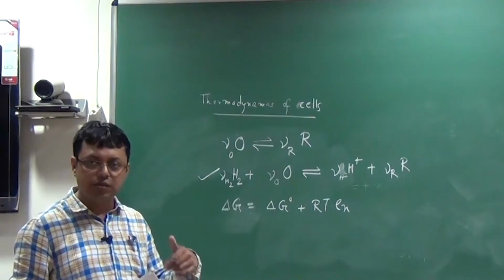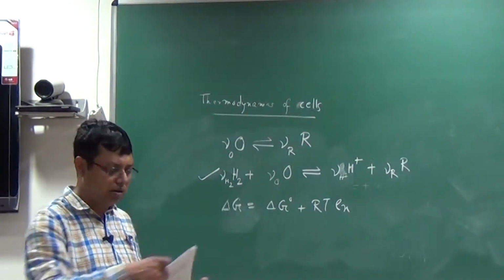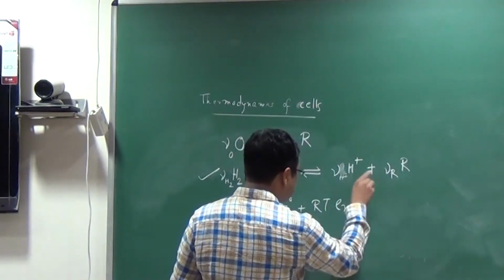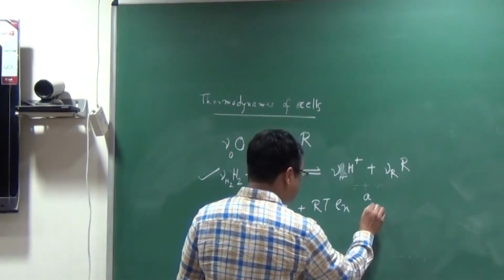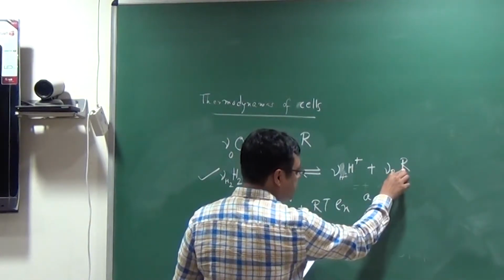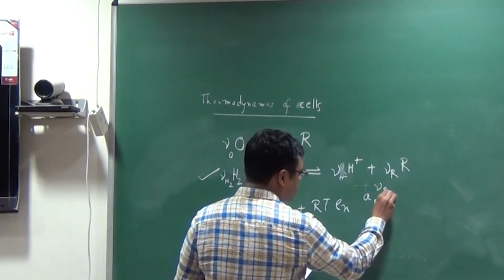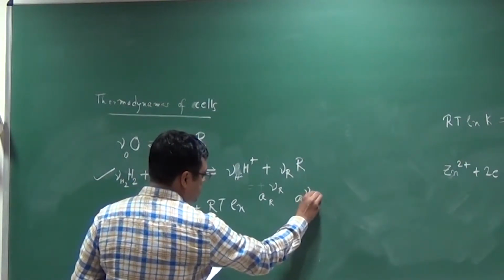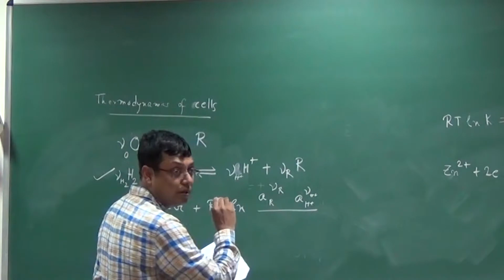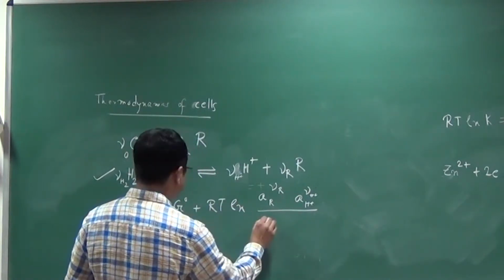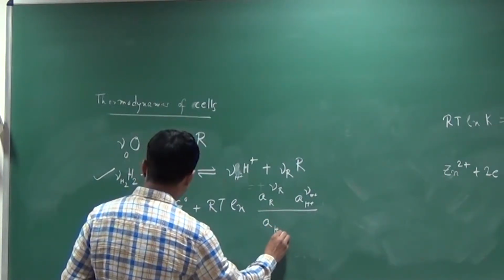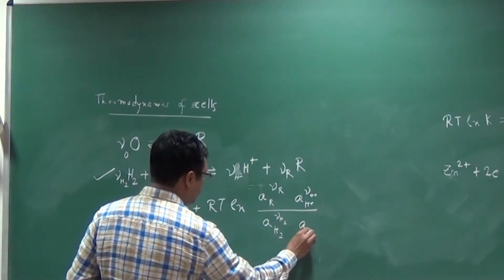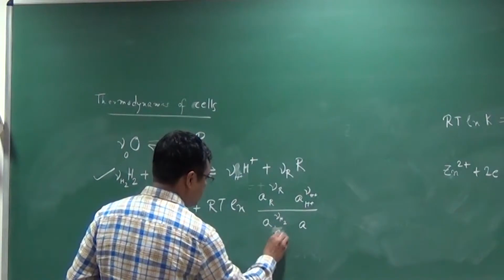The concentration in the solution phase has to be replaced by the activity. So I have to use the activity of these species: activity of H plus raised to nu H plus, the stoichiometric number, and then the activity of H2 raised to the power nu H2, and the activity of the oxidant.